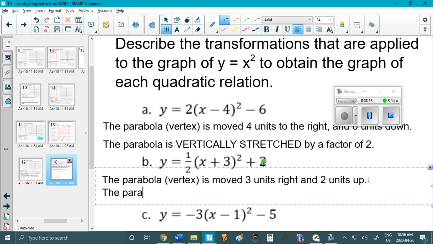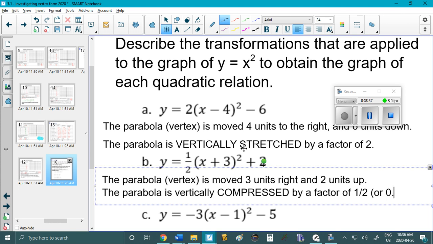And then we would also say the parabola is vertically, and in this case, this a value is smaller than 1, right? Half is smaller than 1, so it's vertically compressed, and then we say by a factor of 1/2 or 0.5 if you'd rather write decimals.